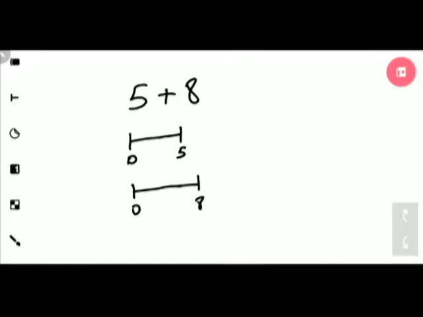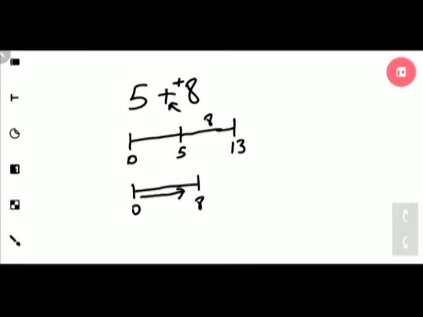If you look at this in a sense of movement, it's going to help you along the way. Since this is a positive value, you are moving in this direction. And since you are adding, you are going to move 8 spots in this direction to 13.